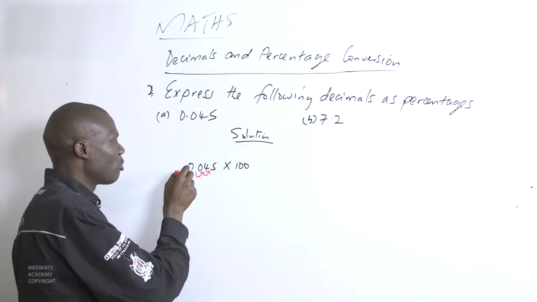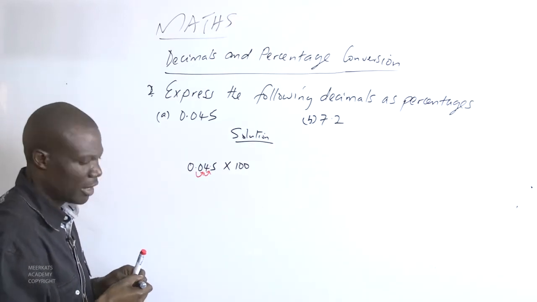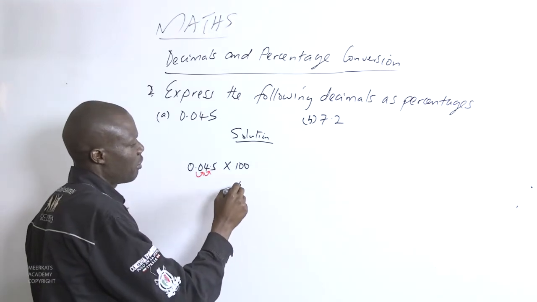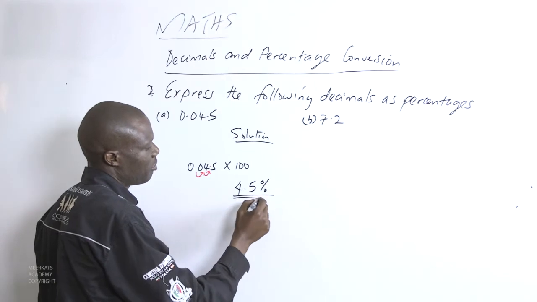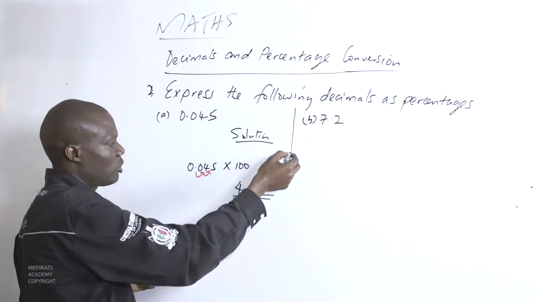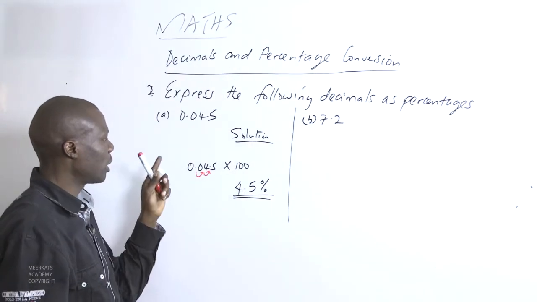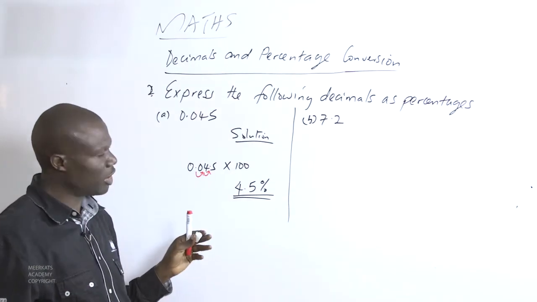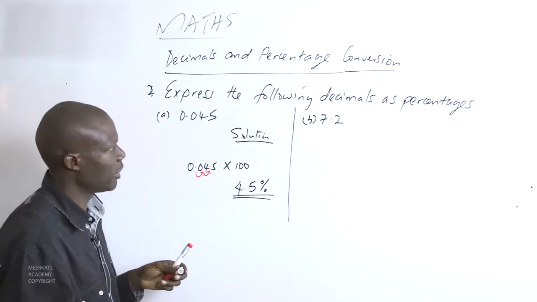So the decimal point will move from here to that place there, and therefore our answer will be 4.5%. Remember, you must indicate percent so that you can be sure what you are looking for is a percentage. So note that the decimal point moves 2 places to the right when you are multiplying by 100.